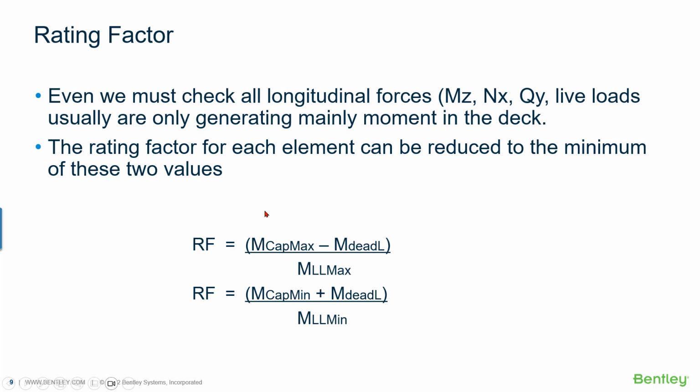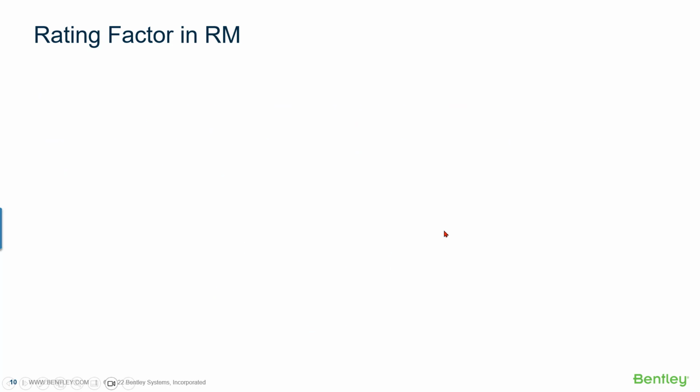So we have another value of rating factor, which is the minimum capacity moment plus, in that case, the maximum dead load. Usually the minimum is negative, so that's why we have a plus, and all this divided by the minimum moment for the live loads. So this is a general overview of what we can have for rating factor.